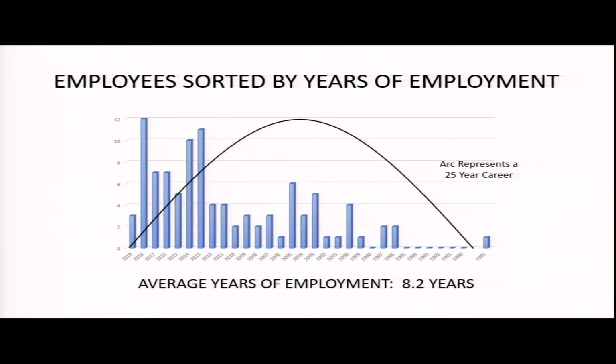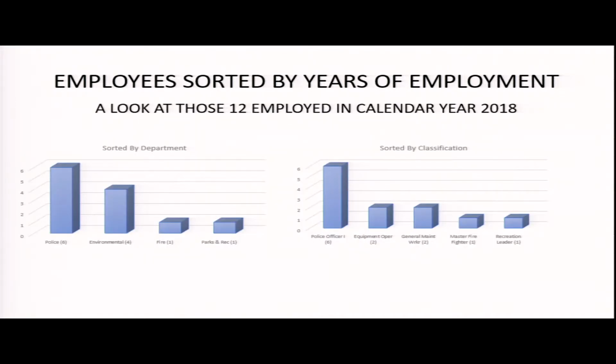But you can see that there are a considerable number of newer employees on the left side of the bar graph. The highest bar on that graph are those employees who came to you in calendar year 2018. So you had 12 employees who came to work for you in 2018.